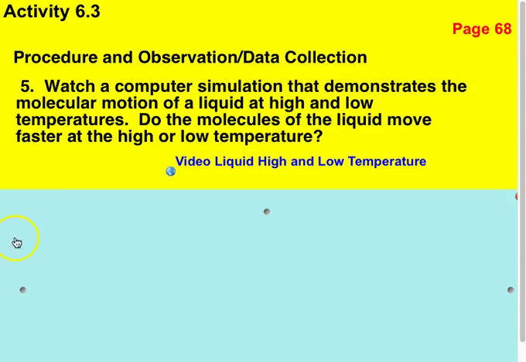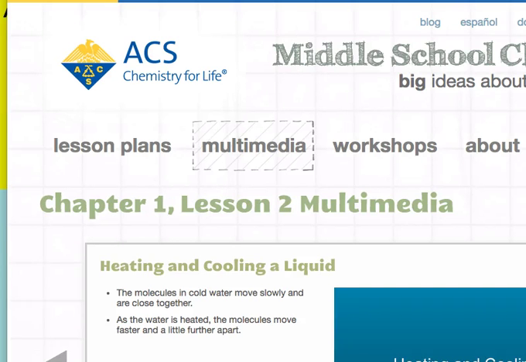Number 5 says watch a computer simulation that demonstrates the molecular motion of a liquid at high and low temperatures. Do the molecules of the liquid move faster at the high or the low temperature? Let me pull up the demonstration.